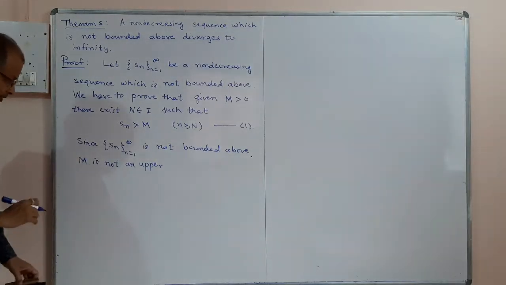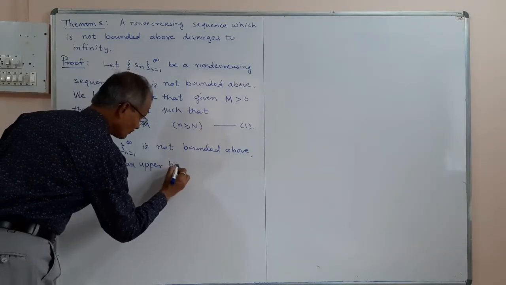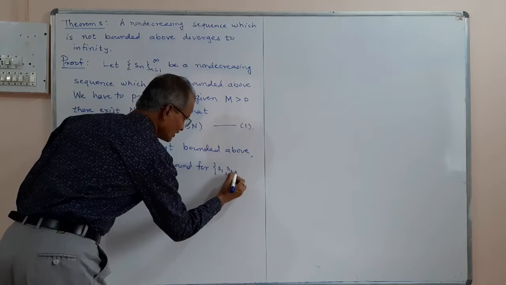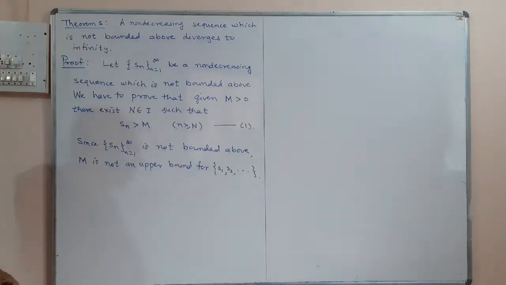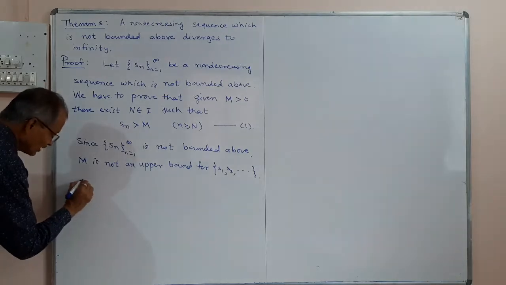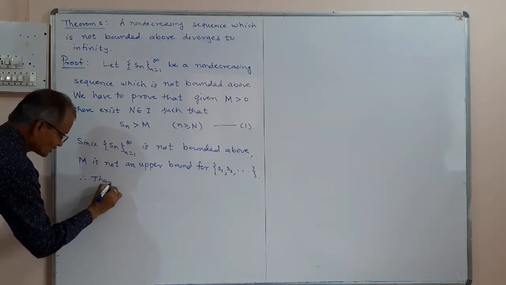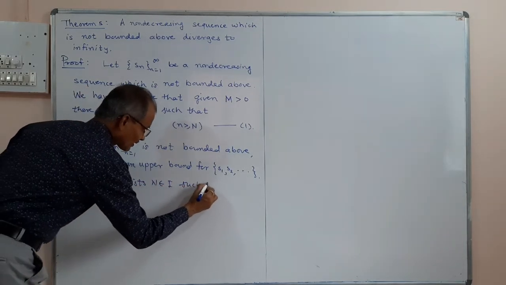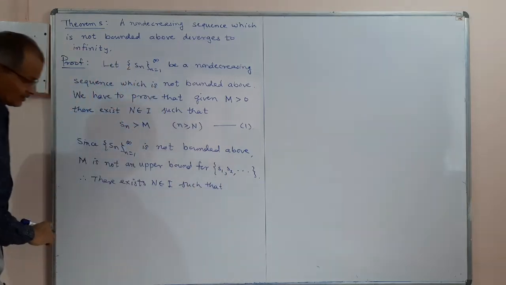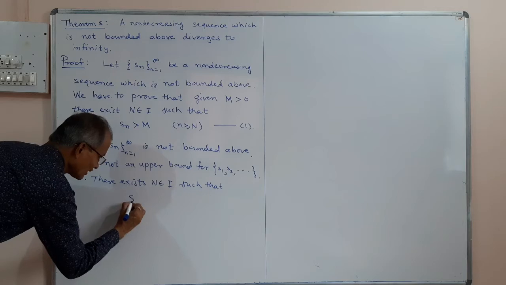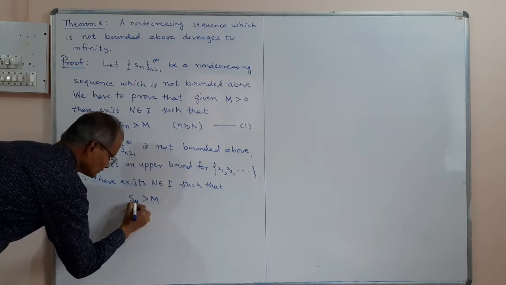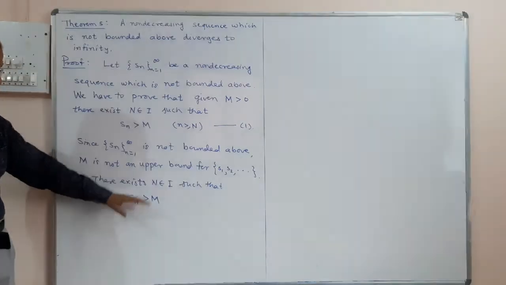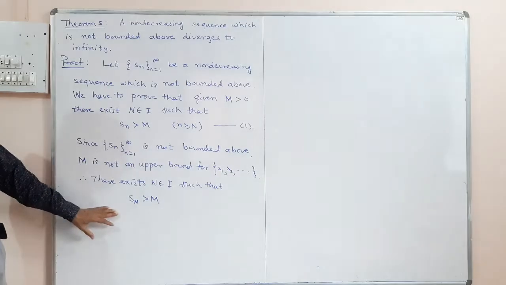So m is also not an upper bound for Sn, where Sn means the range of the sequence S1, S2 and so on. So therefore there exists N belongs to I such that some term of this sequence, S capital N, is greater than m. So there exists one term of the sequence S capital N which is greater than m, meaning m is not an upper bound for the sequence.